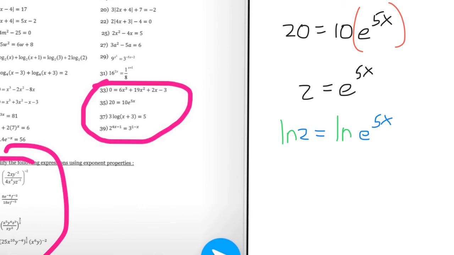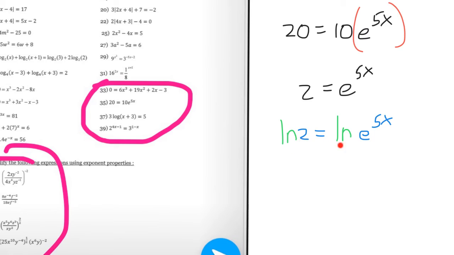We can do this because you can do anything you want to this equation, or to this side, as long as you do it to this side. You could multiply e to the 5x or perform any operation on e to the 5x that you want to, as long as you do it over here, right? So we're taking the natural log of e to the 5x, and that's okay as long as we take the natural log of 2.